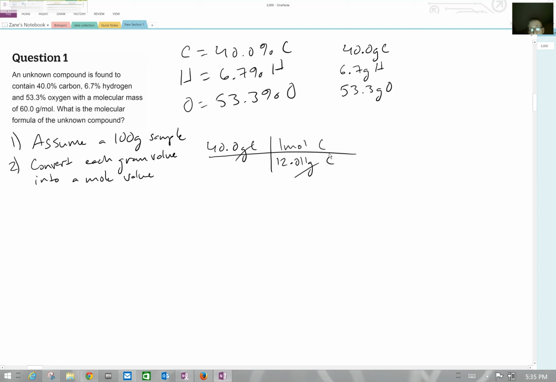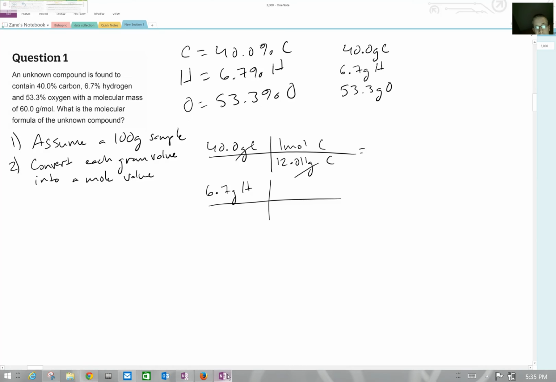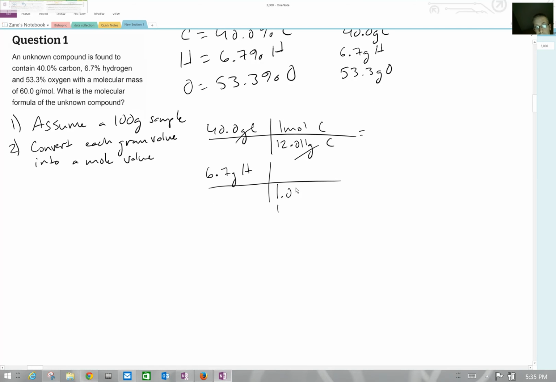For the sake of time, I'm going to do these calculations at the end. So let's just go ahead and set up our next conversion. So if I have 6.7 grams of hydrogen, well, according to our periodic table, hydrogen is 1.0079 grams per mole. And we're going to do that conversion later as well.